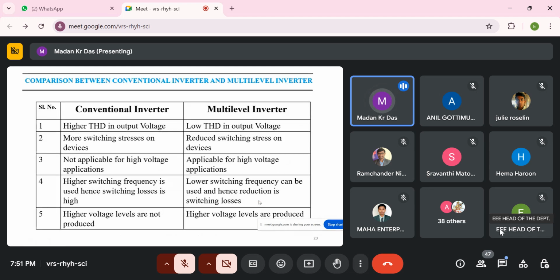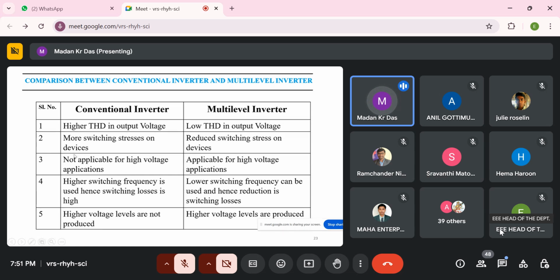Now there is a comparison between the conventional inverter and the multi-level inverter. The conventional inverter produces high THD, but the multi-level inverter produces low THD. We have already discussed more switching losses, but with multi-level we reduce the harmonics and switching losses.